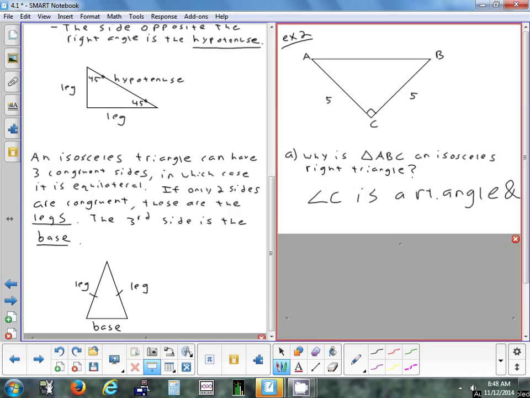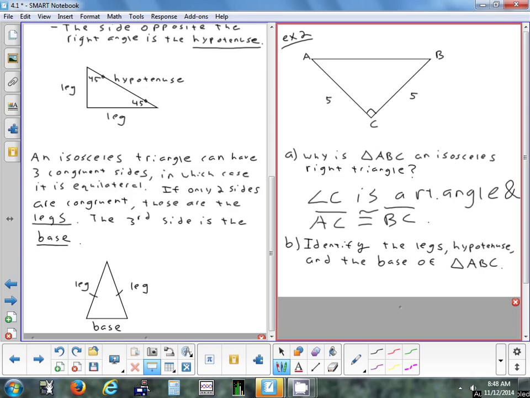Side 5. So how do we name the side? I see a little 5 right there. So which sides are congruent? Segment AC, and which one? BC. Okay. So segment AC is congruent to BC. Right? So this is what you'd have to say.